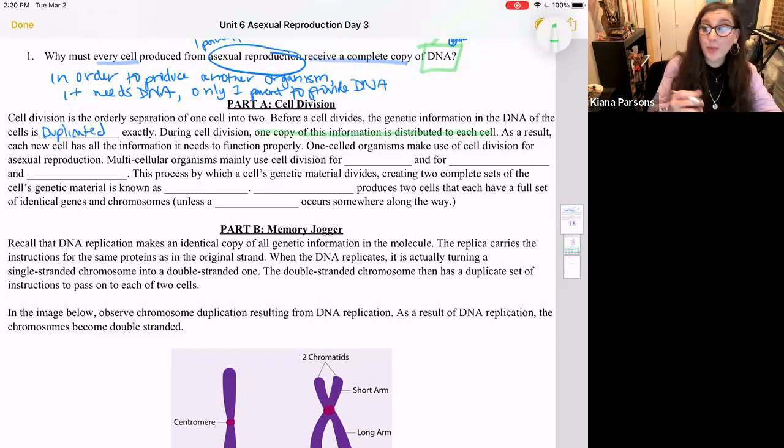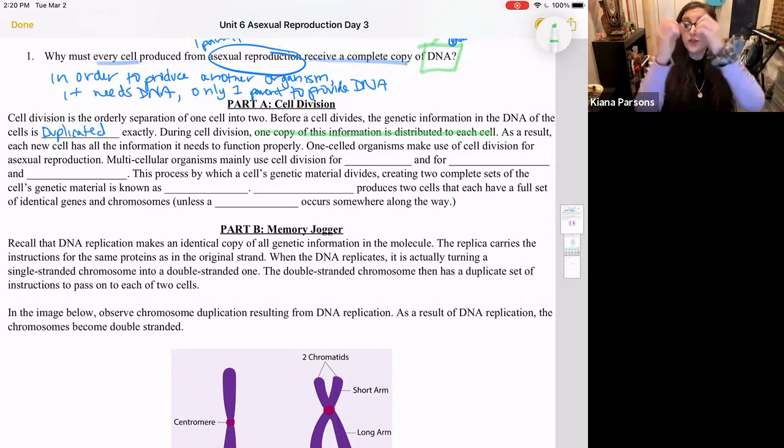And there can be problems with that process, but this is assuming things go according to plan. So during cell division, the DNA is first duplicated within the nucleus, and then the two nuclei split into two genetically identical nuclei, and then into two separate cells.